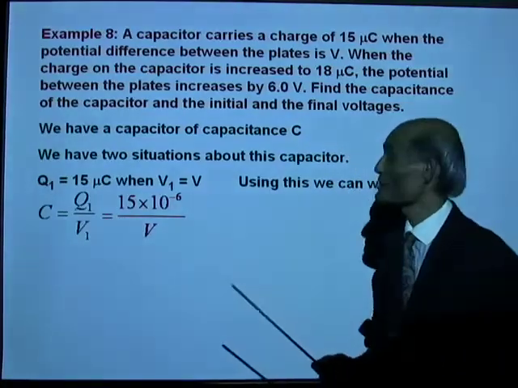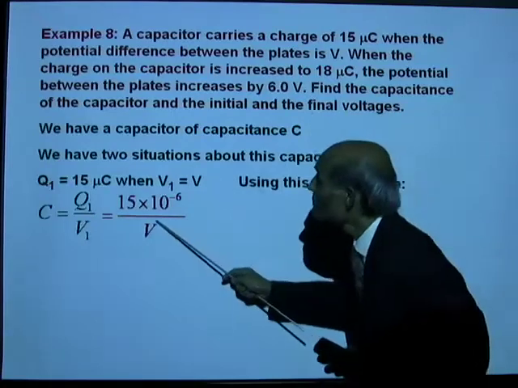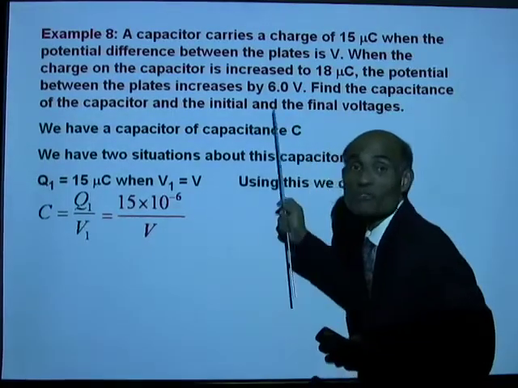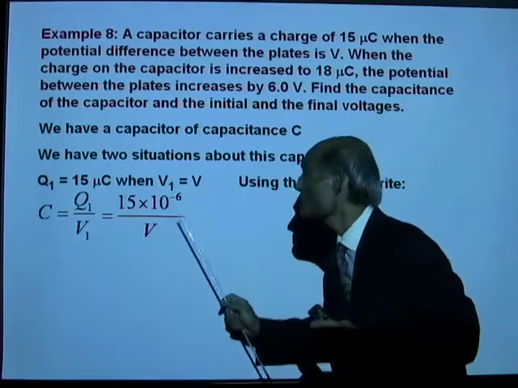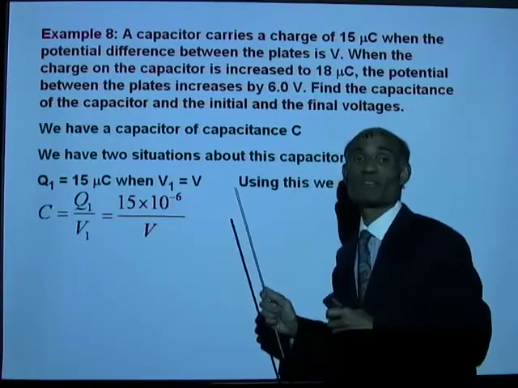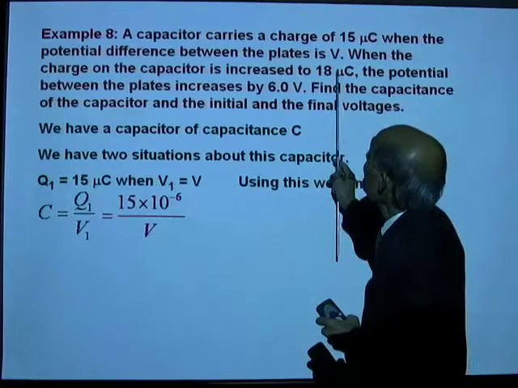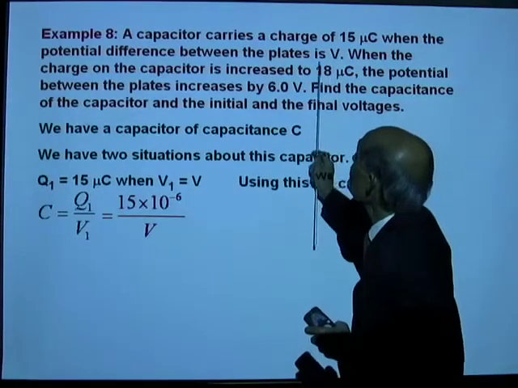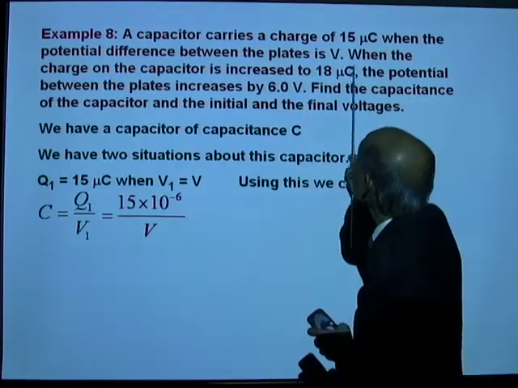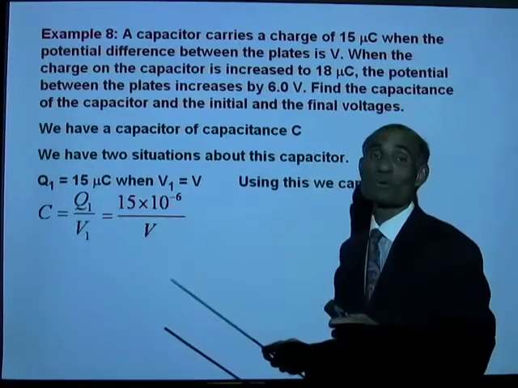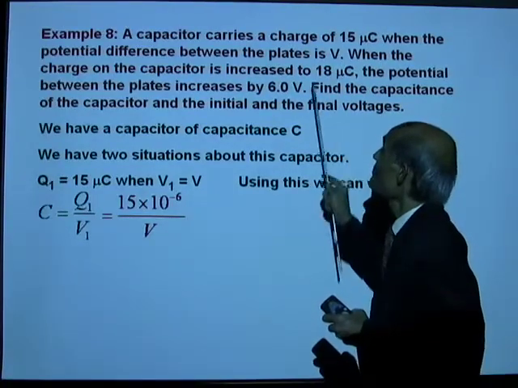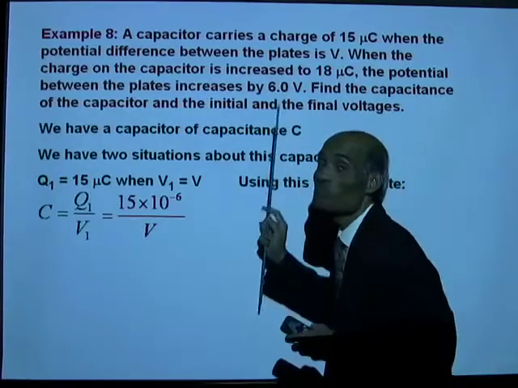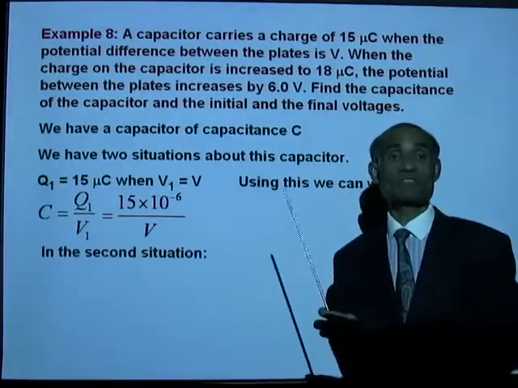What is the second situation? When this V is increased by 6 volt, that means V2 is V plus 6. Then the amount of charge is increased to 18 microcoulomb. So Q2 equal to 18, V2 equal to V plus 6. That is the second situation.